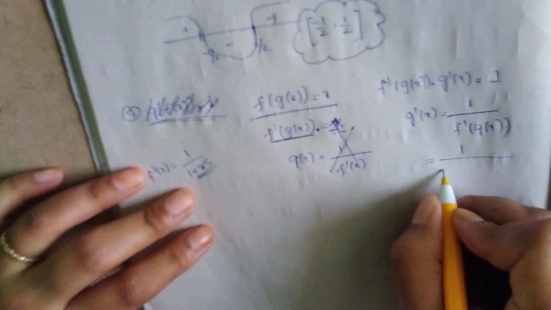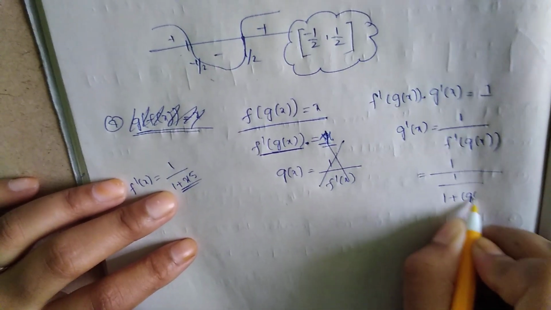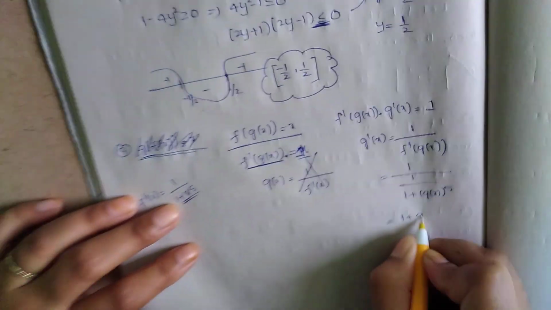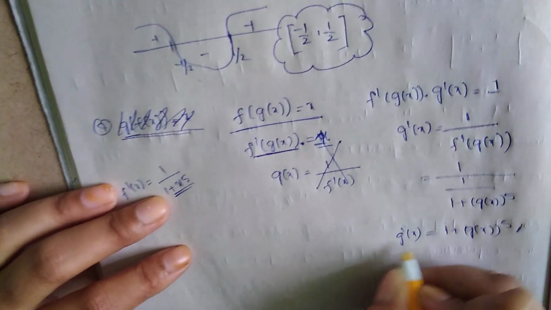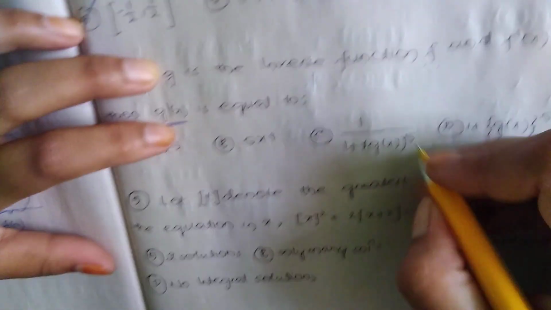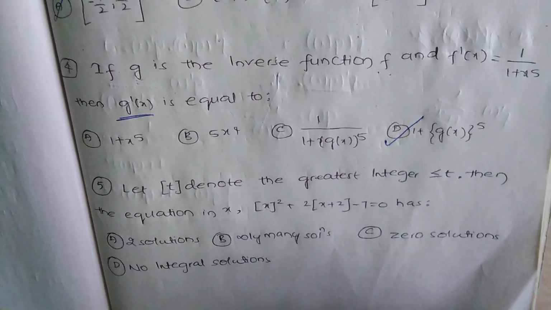You'll get the differentiation of g of x: 1 by 1 plus g of x whole power 5. It goes to the numerator, so 1 plus g of x whole to the power 5. Got it? So it is our option D.